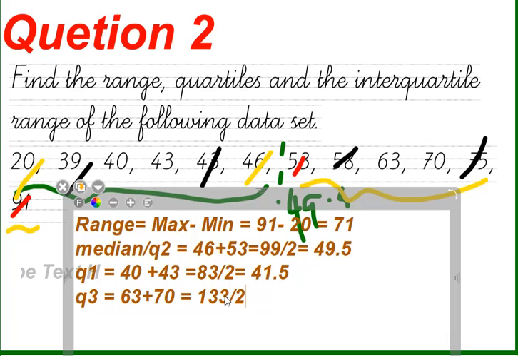If we divide 133 by 2, we get our answer to be 66.5. And that's our Q1, Q2, and Q3, and our range.